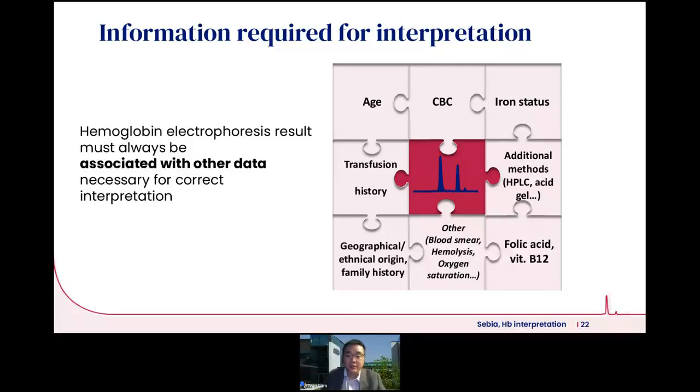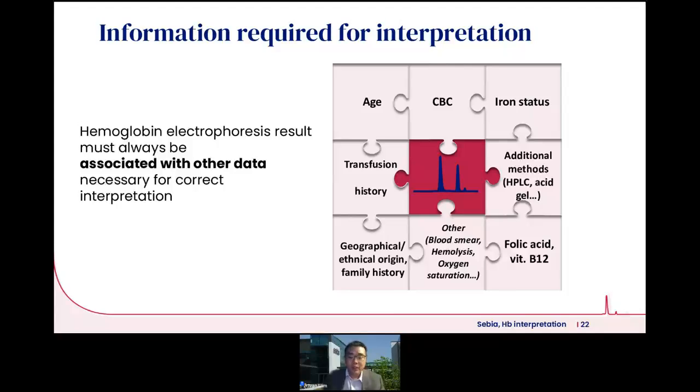Iron deficiency will be a more common problem than hemoglobinopathies in some parts of the world. Importantly, also note if there is any interference from transfusion, and resort to the usage of other methods in parallel to confirm as well.